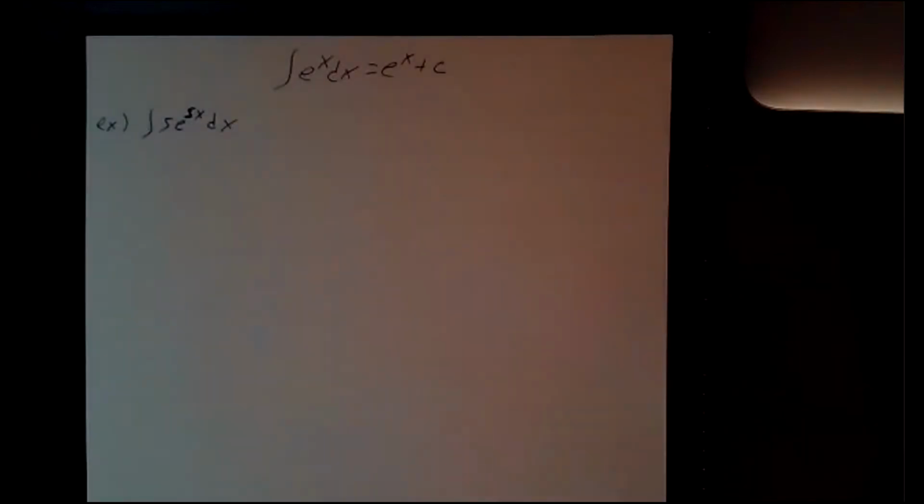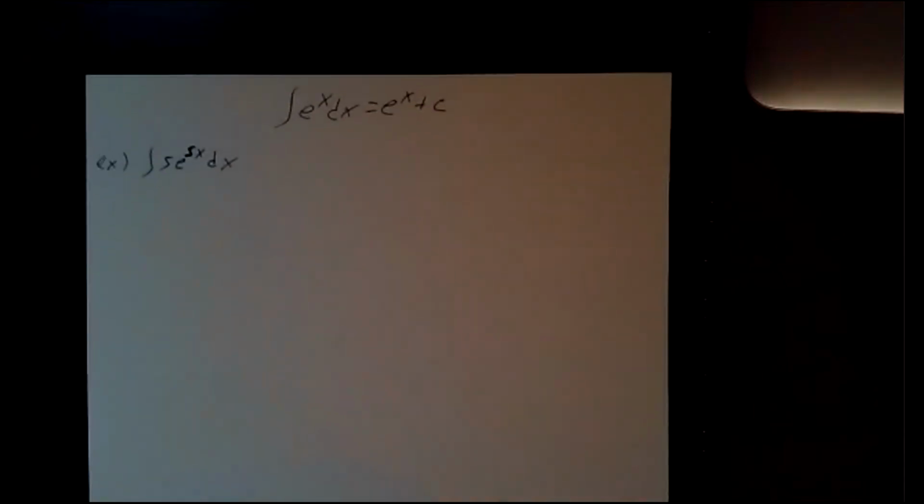It'd be the 5x. Yeah, it's going to be the 5x because we have a formula, right? We know that the integral of e to the x dx is itself, right? Just like the derivative. But you add the c for integrals.